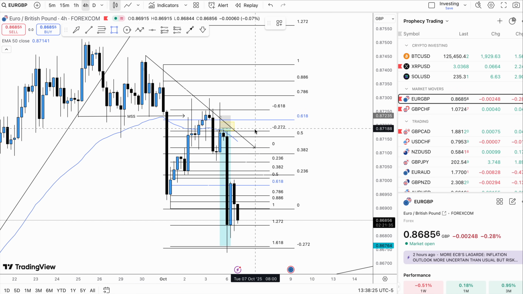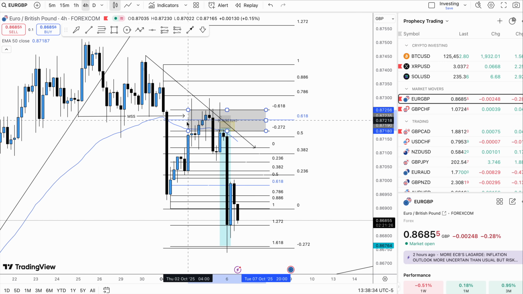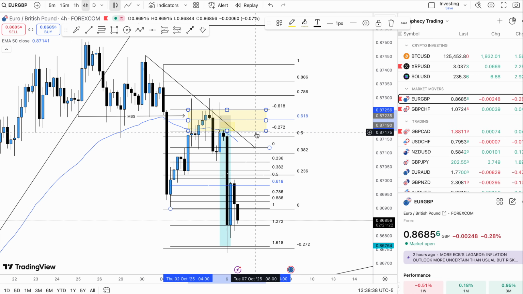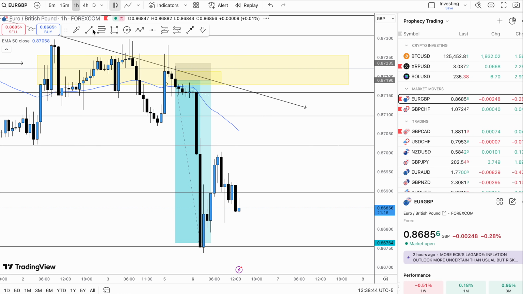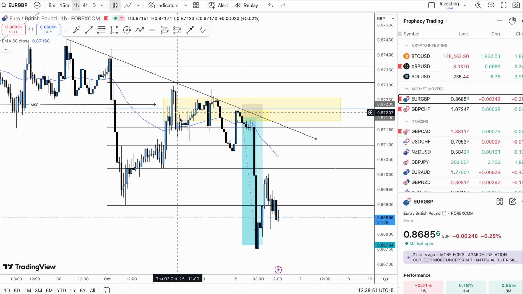So from here, we're drawing the fib trick, and we're going to highlight the minus 61.8 and the minus 27.2. This is now our fib trick zone, confirming the completed move. We are going to delete the fibs here. And we also see that price has come up to the zone already.